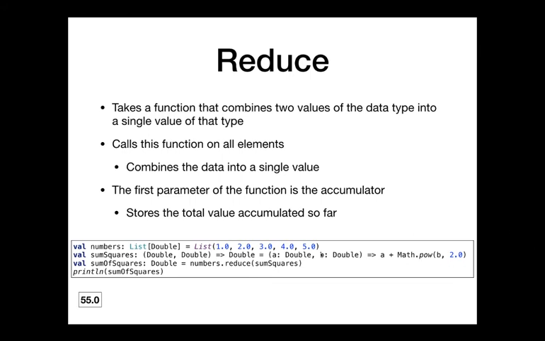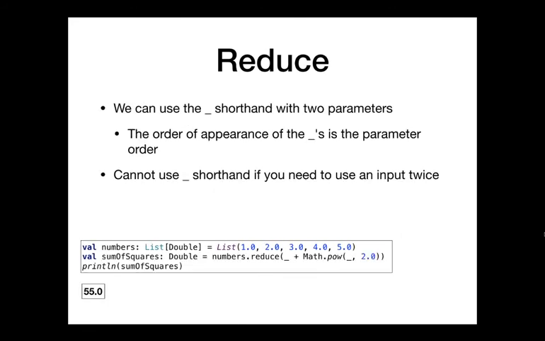So I used the expanded way of writing this function, and then gave the function a variable storing that function. But we can actually use the underscore syntax for this one too. So we can use this underscore syntax even when we have two parameters. But again, the order is significantly important here.